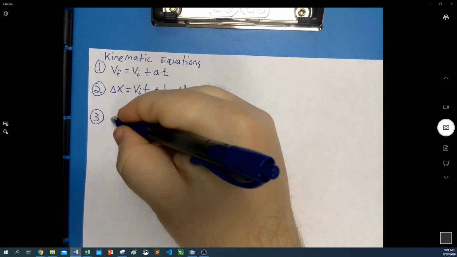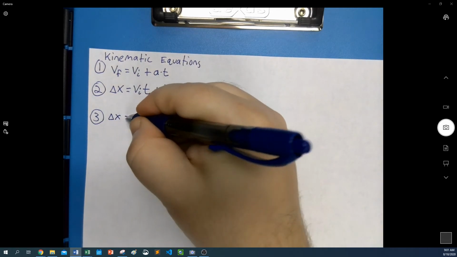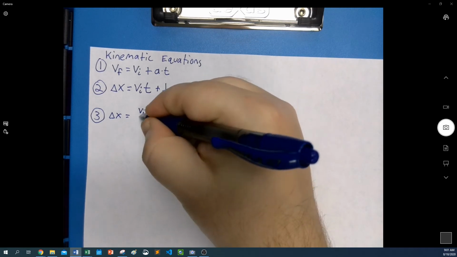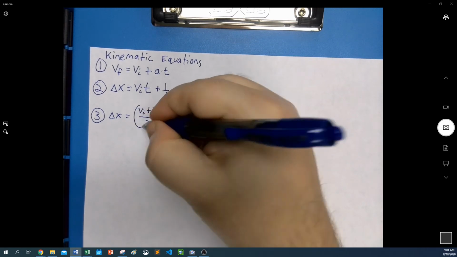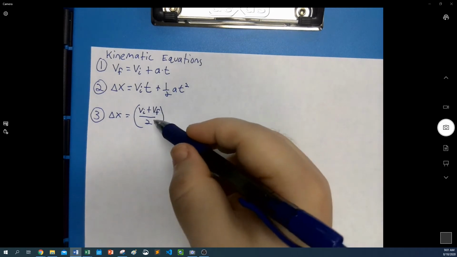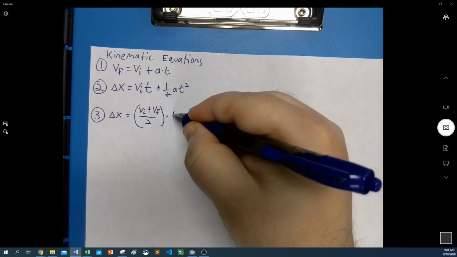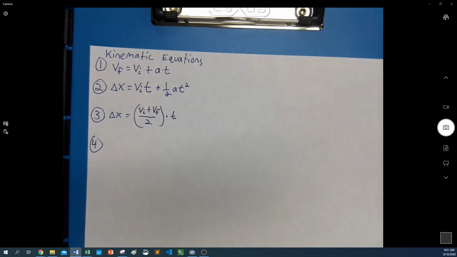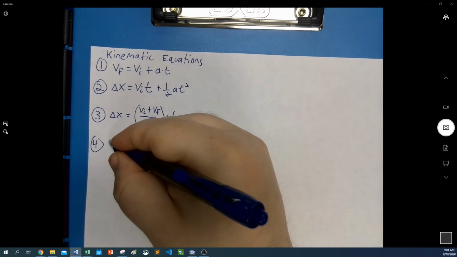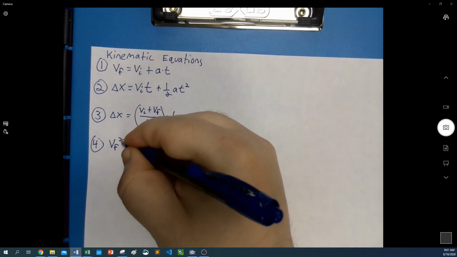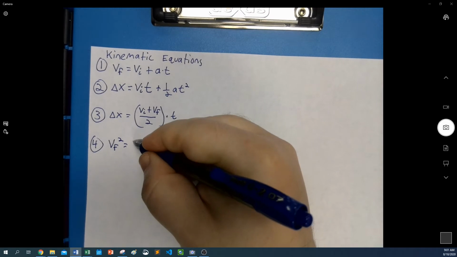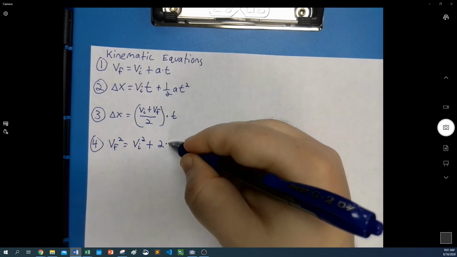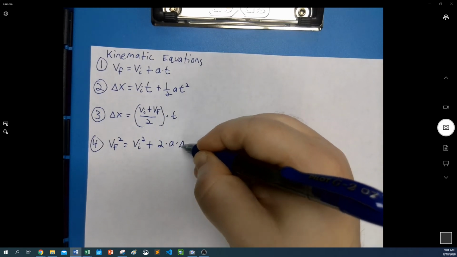Our third equation is going to be delta x is equal to VI plus VF divided by 2, so your average velocity, times T. And then the fourth one is going to be final velocity squared is equal to initial velocity squared plus 2 times A times delta x.